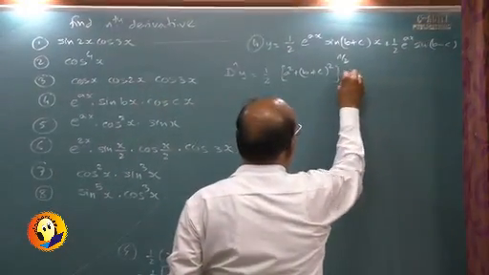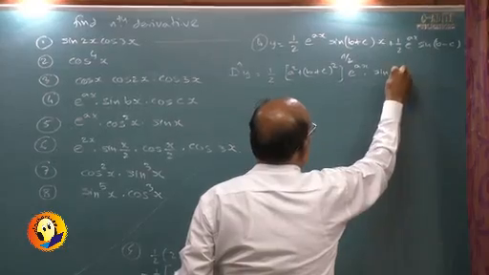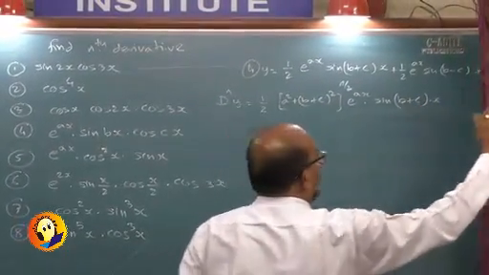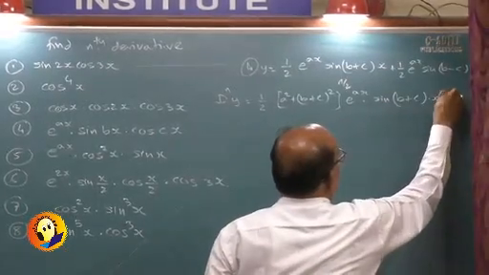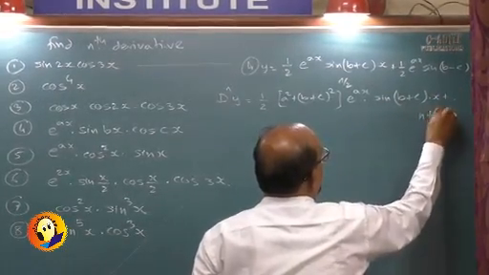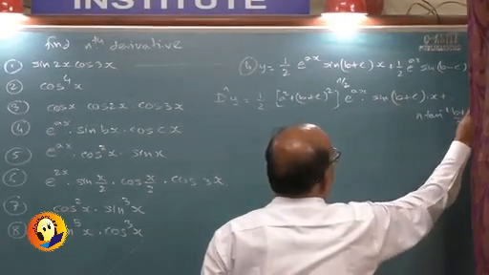It will be e raised to ax into sin of (b plus c) into x plus n tan inverse of (b plus c) upon a, right?